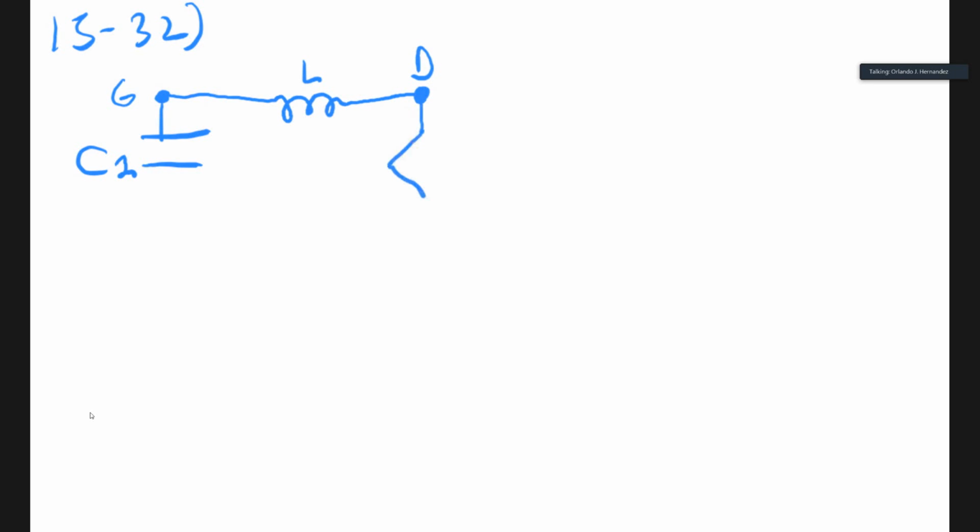So here we have C2, and this node over here is the gate of the transistor. Then we have the inductor to the drain. So this is L, this is the drain. And then at the drain, we have our transconductance. So that is our voltage control current source.